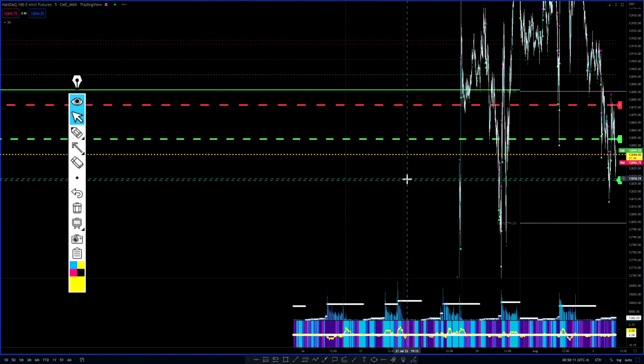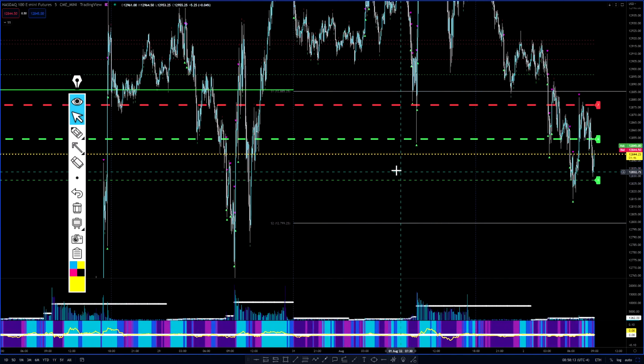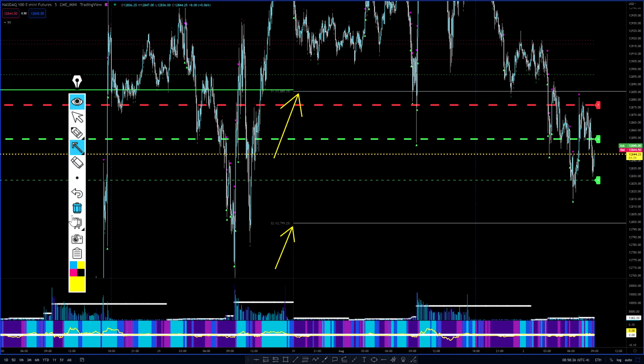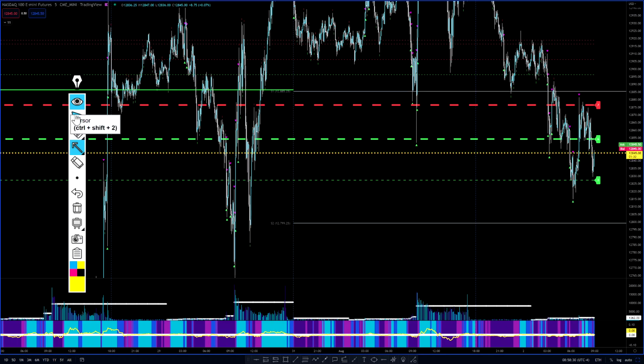I think we're in the kill zone where we're in between S1 and S2. S1 is at 12,885. S2 is at 12,799.25. So basically we're in the kill zone.